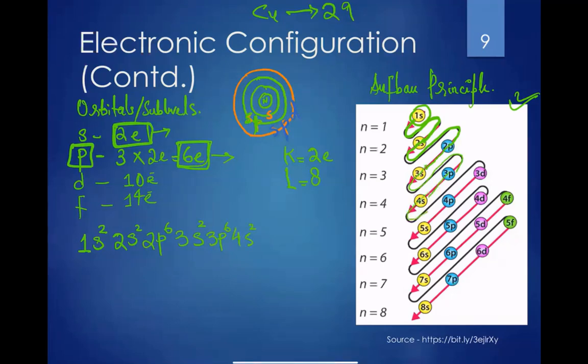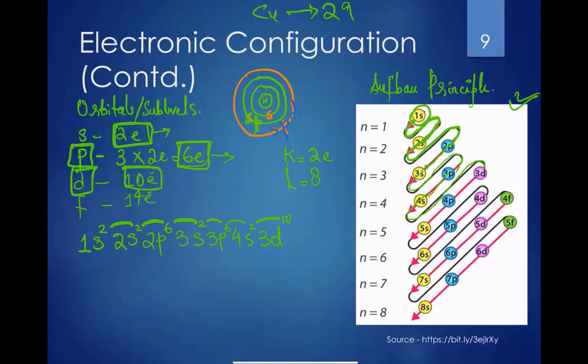And then you go to 3d. A D orbital can have a maximum of 10 electrons, so you get 3d10. So let's now add the superscripts. You have 2 plus 2, 4, 4 plus 6, 10, 10 plus 2, 12, 12 plus 6 is 18, 18 plus 2 is 20, and 20 plus 10 is 30.